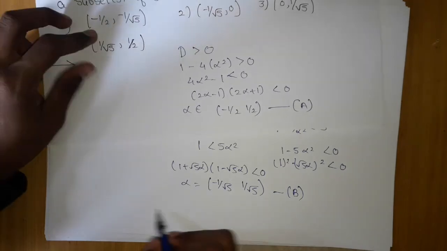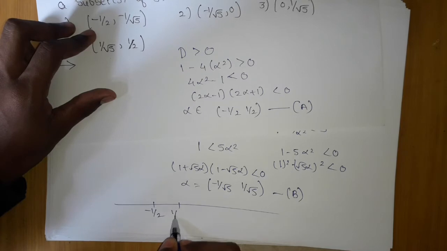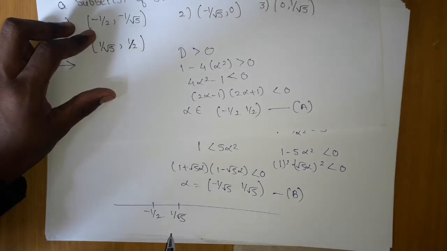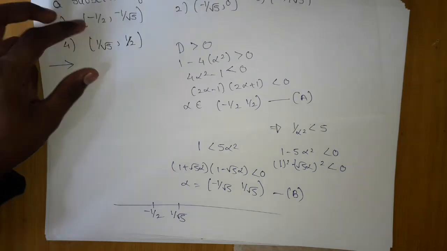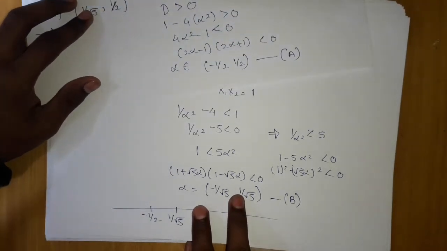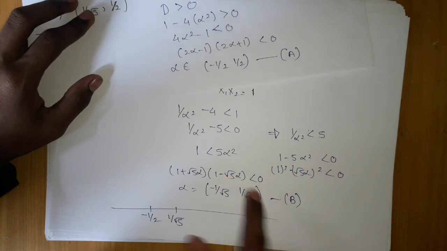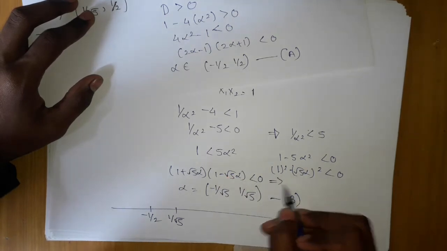Okay, so let me draw the wavy curve. Sorry, it is a negative term, so we will make it positive. Sorry, we have made a mistake.